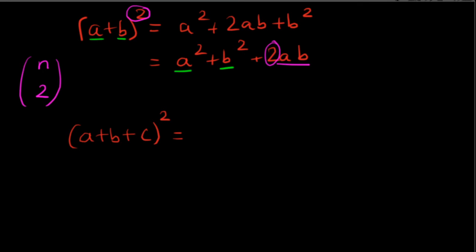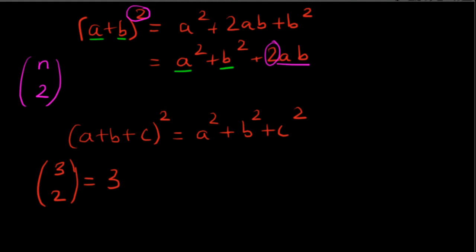Step 1 is to square everything inside the parentheses. Step 2, let's make groups of 2. In this example, I have 3 terms in the parentheses. I'm going to make groups of 2. So that's going to be 3 total groups of 2.